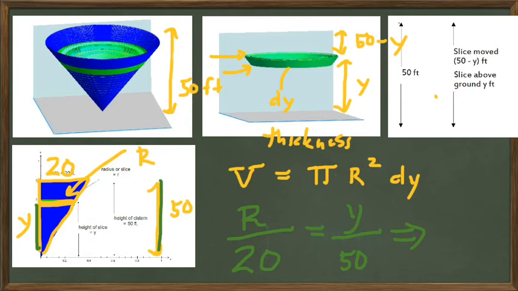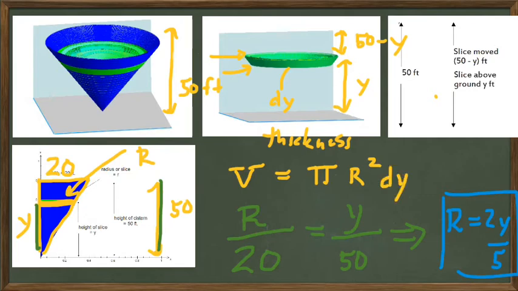And that allows us to solve and get that r equals 2/5 y, or 2y over 5. And so that allows us to determine the radius as a function of y. So if we go up to where we were, we can write this volume as pi times 2y over 5 squared dy.